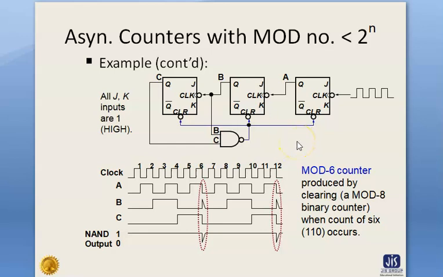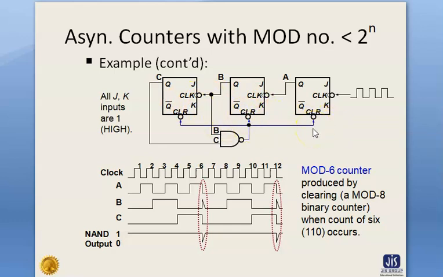This condition occurs when the counter goes from the 1 0 1 state to the 1 1 0 state. The low signal at the NAND gate output will immediately clear the counter to 0 0 0.